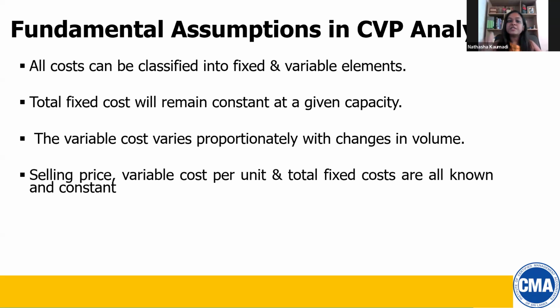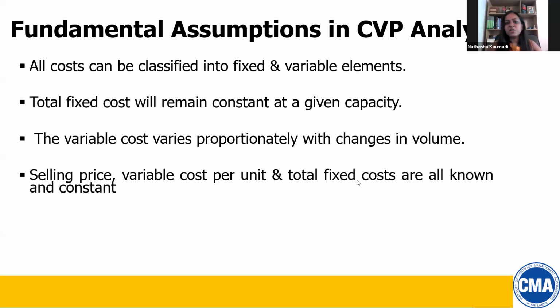We assume that it is fixed. Why? We assume in the short run, things are constant. So we assume that the variable cost per unit is fixed. We expect that labor cost won't change, hourly rate won't change, price per kilogram won't change. Those are fixed. So that is the assumption. Variable cost per unit would be the same.